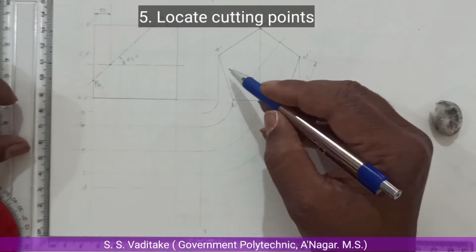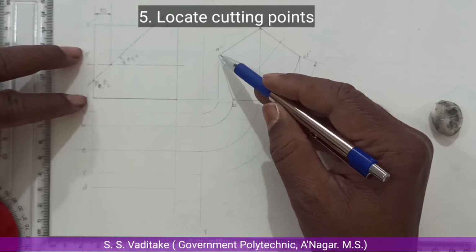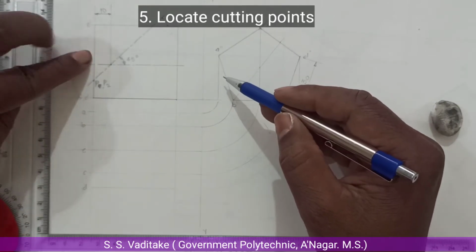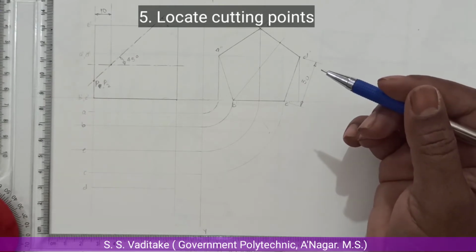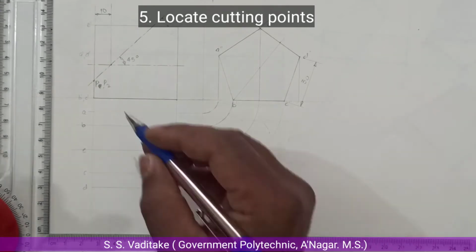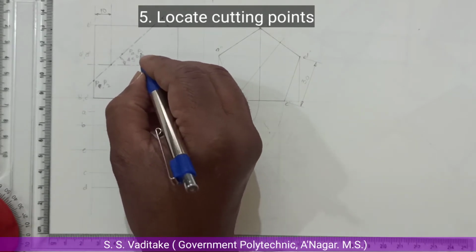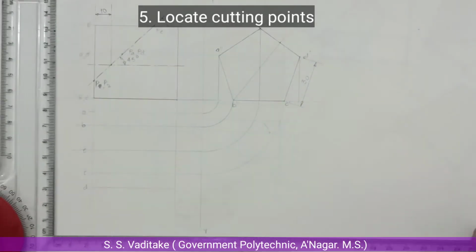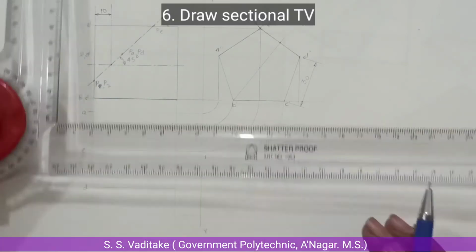The next, the section plane cuts the face edges A and D. So this is point A and point D, and lastly the edge E. So point E is marked.